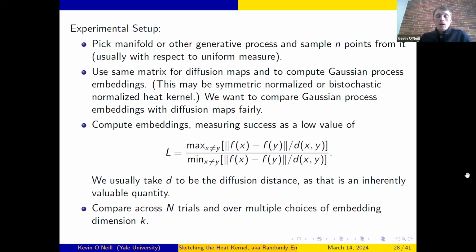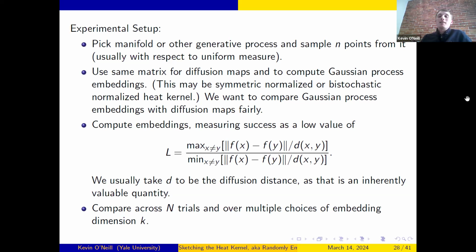So we're going to take this d here to be the diffusion distance, since that's what we care about. That's the purpose of this, not necessarily recovering the original Euclidean distance. We will check in with that as well. And then we're going to run this over and over again, so we're going to compare across multiple trials. That's important for two reasons. One, if you sample differently from your manifold, then the algorithms can run differently.